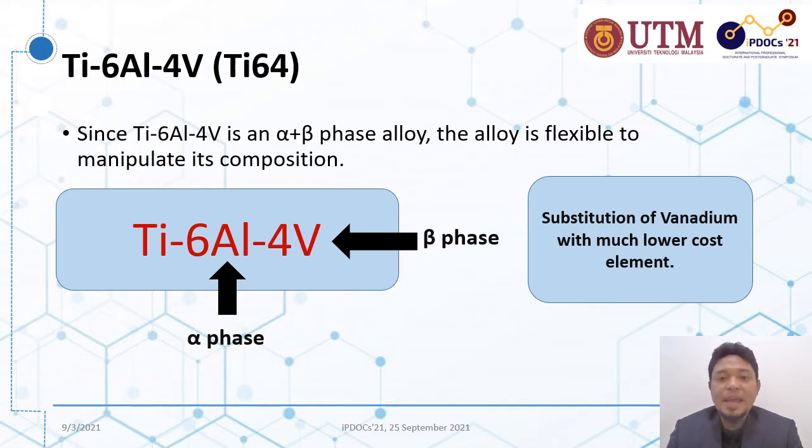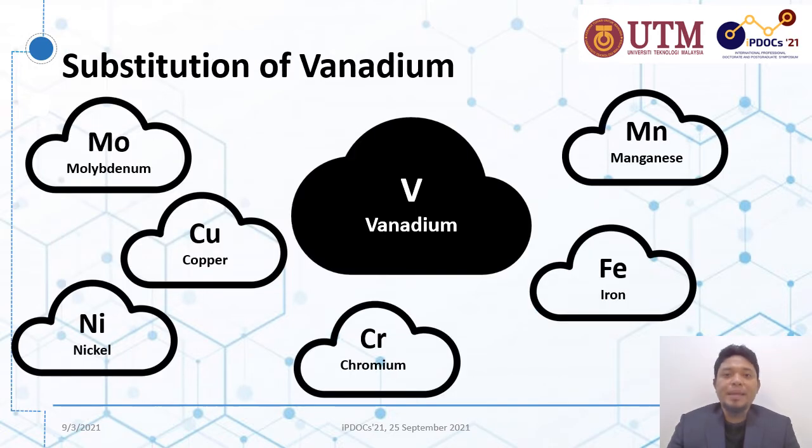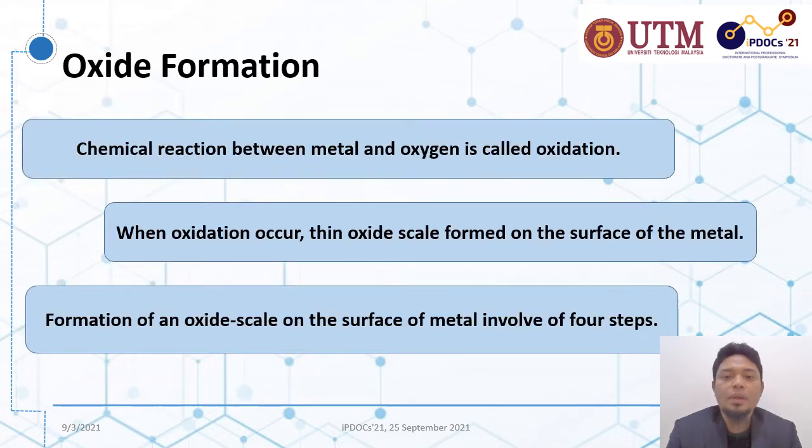The vanadium is an expensive element, so in a low cost substitution, we substitute the vanadium with a much lower cost beta phase element. These are beta phase elements that are much cheaper than vanadium. First, we have molybdenum, copper, nickel, chromium, iron, and also manganese.